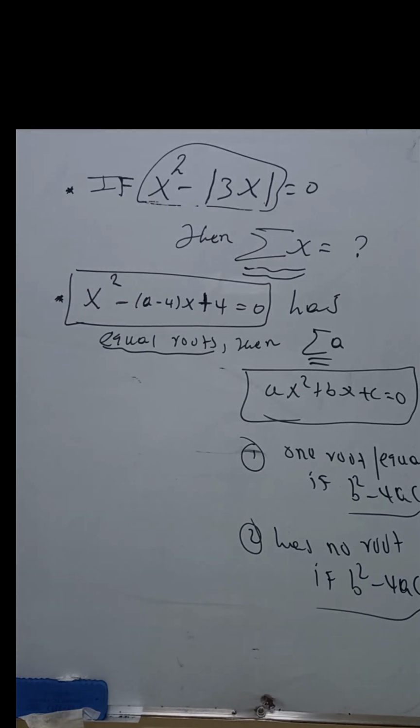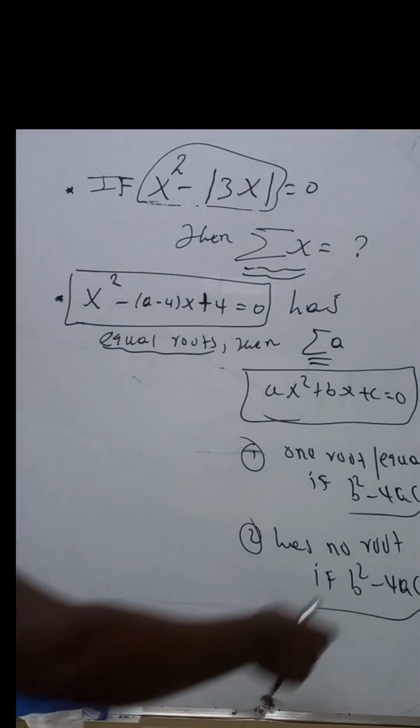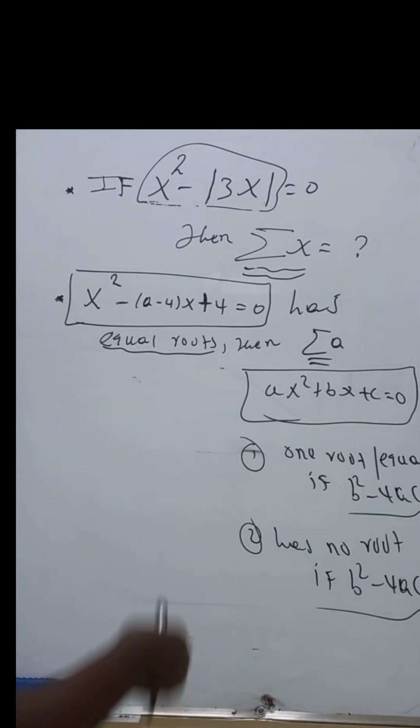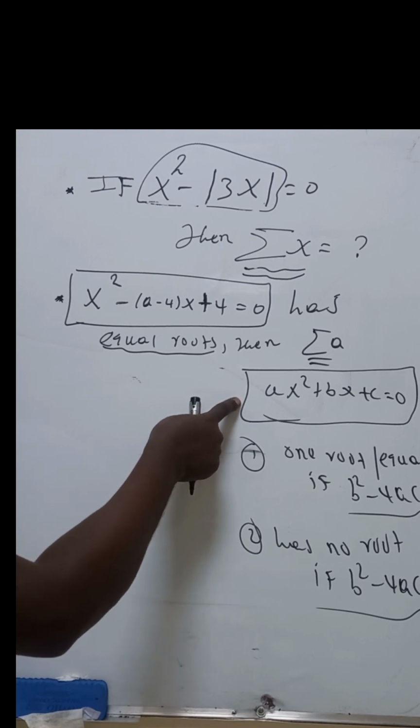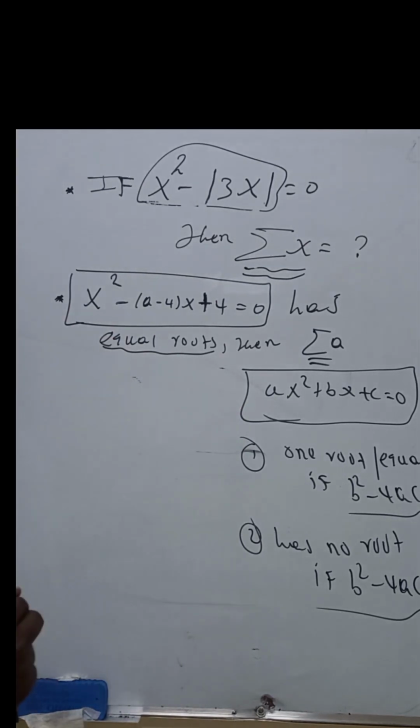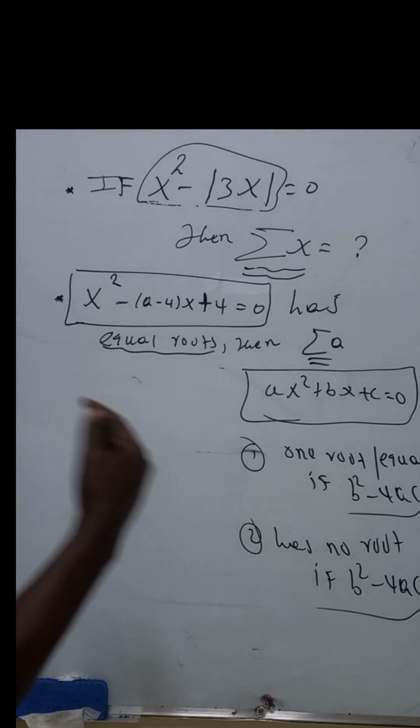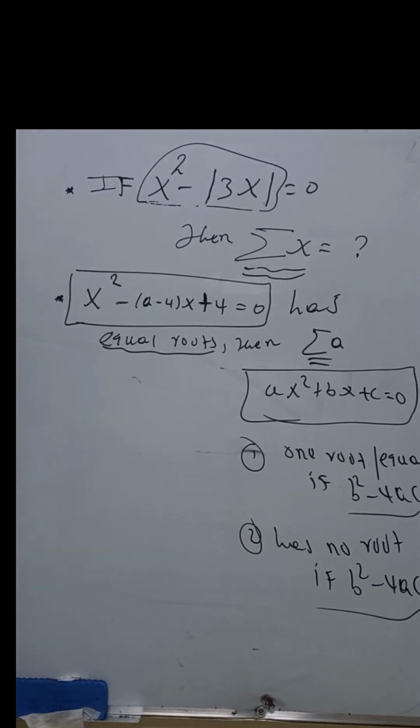So what you have to look at here is that b squared minus 4ac is the discriminant. If the discriminant value is exactly 0, the given quadratic equation will have two equal roots or one real root. If the discriminant is less than 0, the quadratic equation will never have any solution.